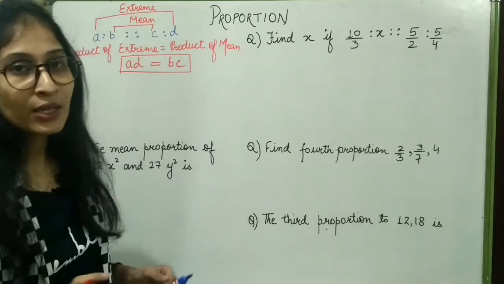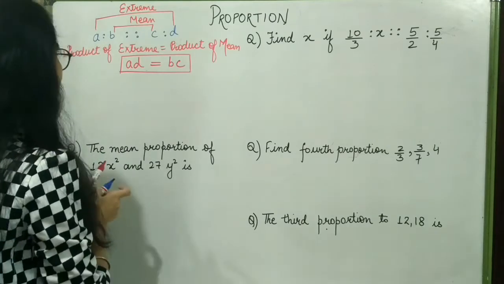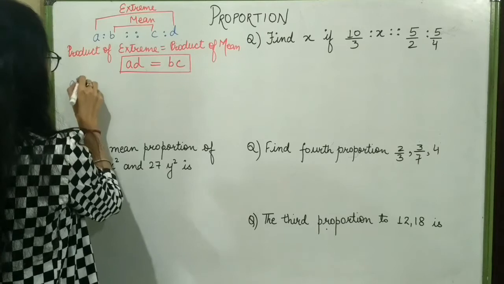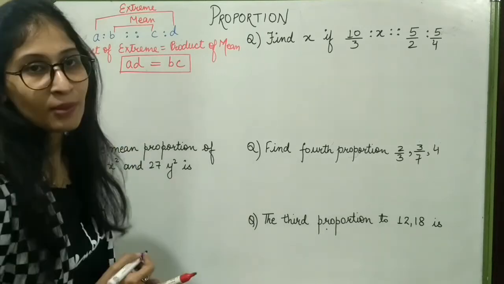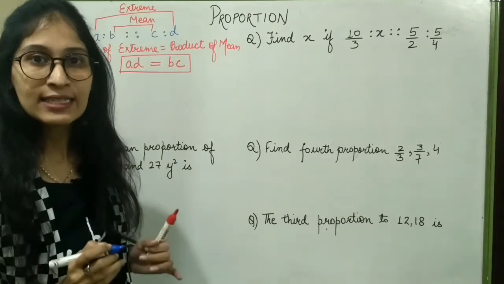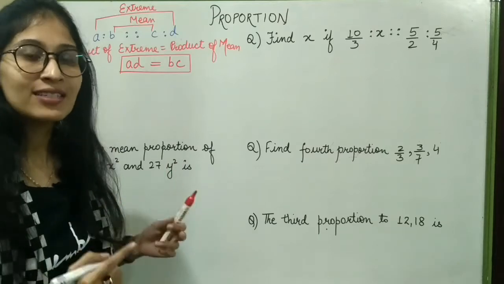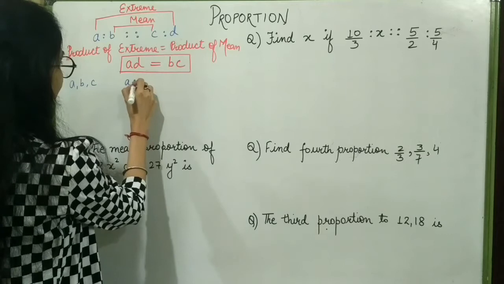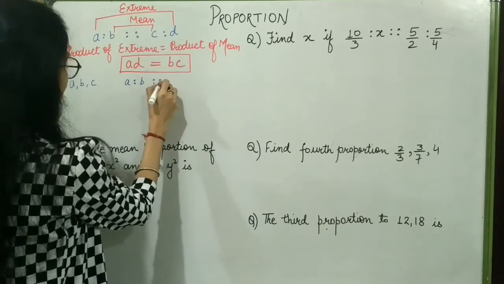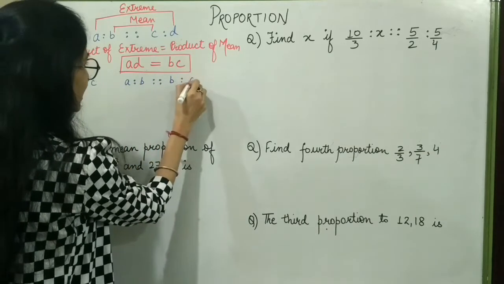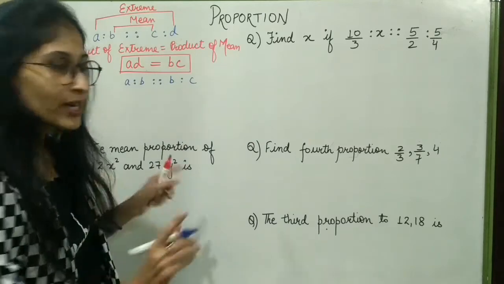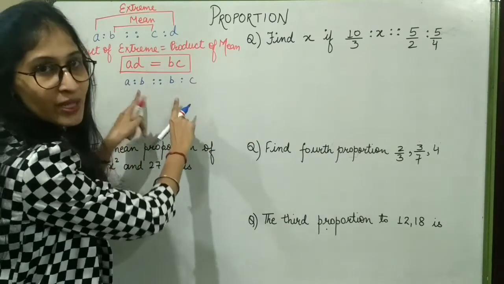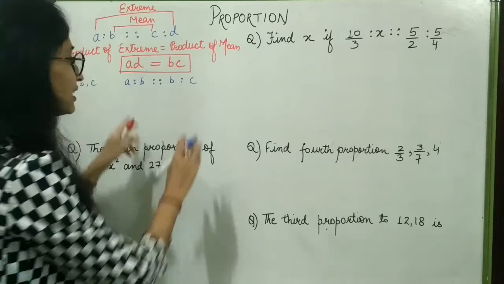But if we are given three numbers, let's say A, B and C are in proportion, then in this case the middle number is written twice. So here I am going to write it as A ratio B is the same as B ratio C. Again, product of extremes should be equal to product of means.